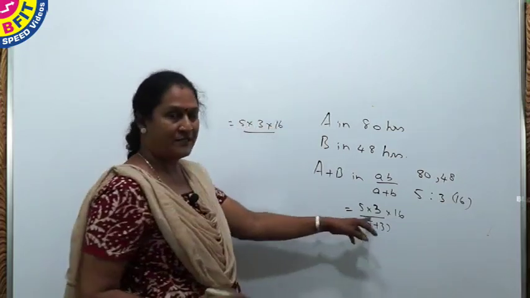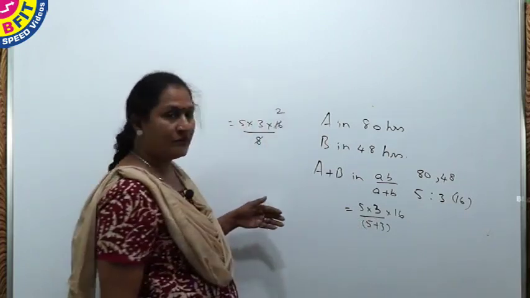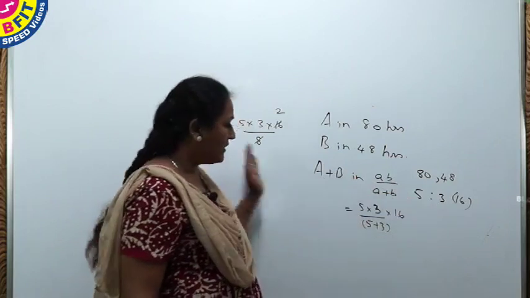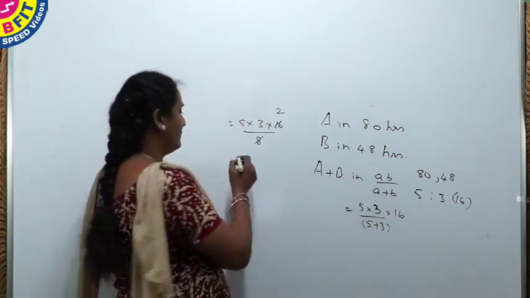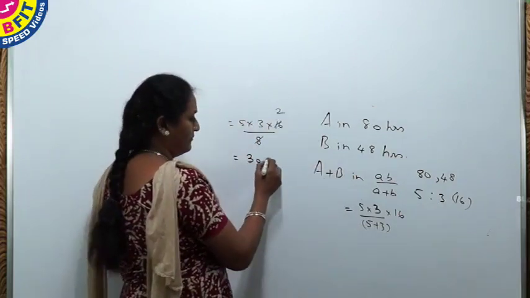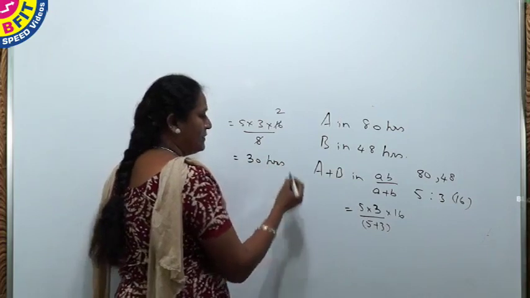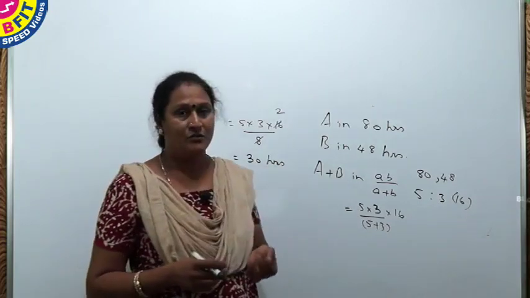So here 5 plus 3 is 8. So now using the ratios, we have easily got the time taken by A and B working together. So 5 into 2, 10 into 3, 30. So A and B working together need 30 hours to do the work.